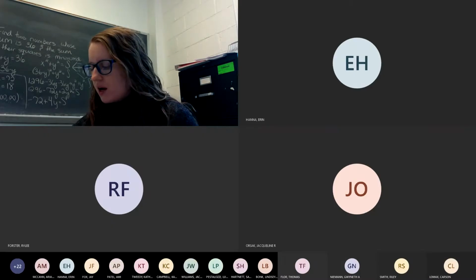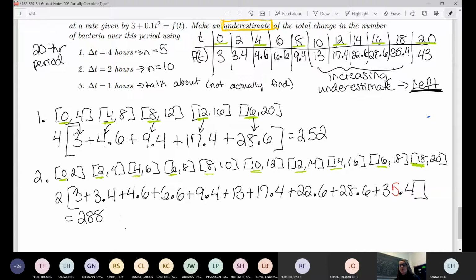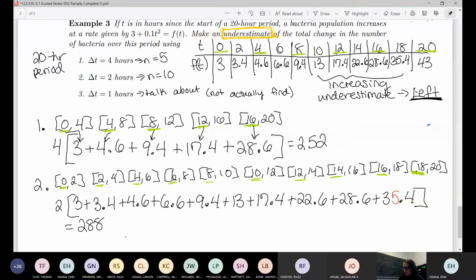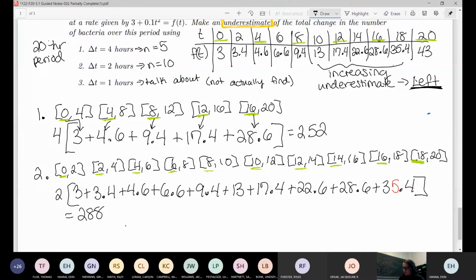So just talking about this last one. I kind of talked about it already, but in full generality, if we were to do this third one, which again, we're not actually going to do fully, we would essentially need a width of 1, and we'd need to find f of 0, f of 1, f of 2, and we'd have to go all the way up to f of 19.